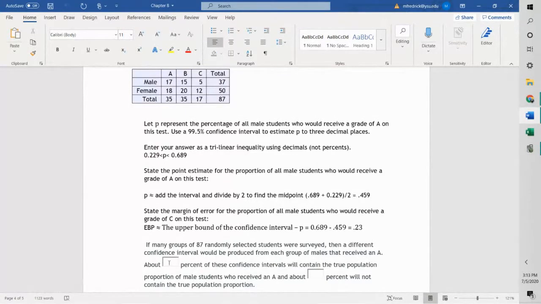So this value would be 99.5, and this one would be 0.05, because it's a percent, not the decimal. So 99.5% of the time it will land in there, and 0.05% of the time it will not.